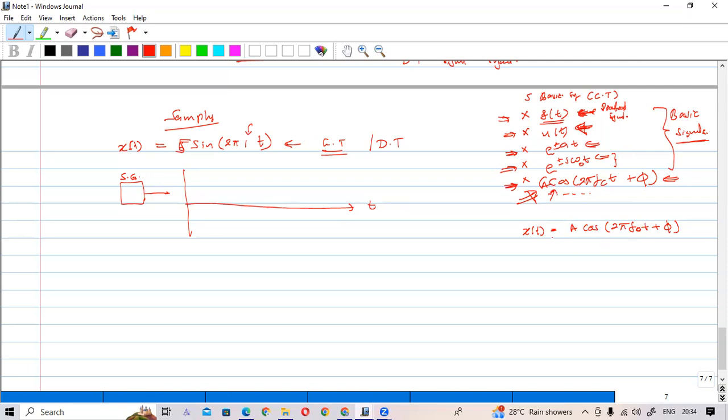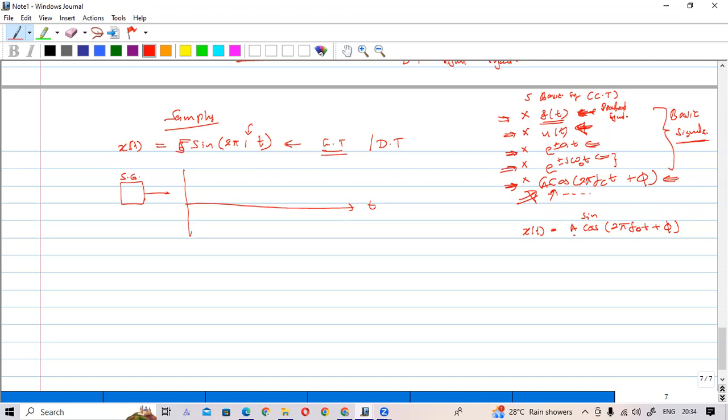This is normally the mathematical representation of a sinusoidal signal. This cos can also be sine, okay? Both are sinusoidal signals. Not exactly the same; there is only a phase shift difference. But basically both are sinusoidal signals, okay?